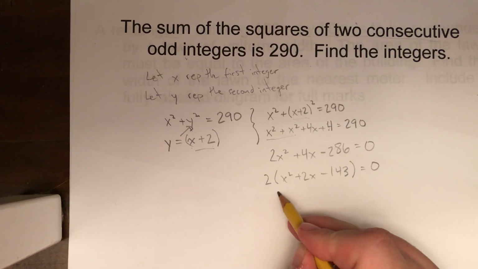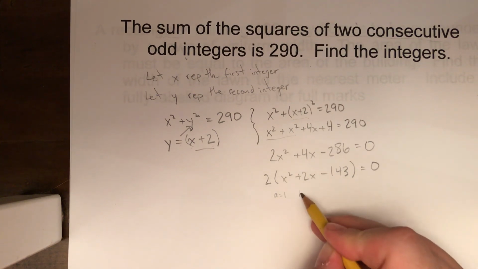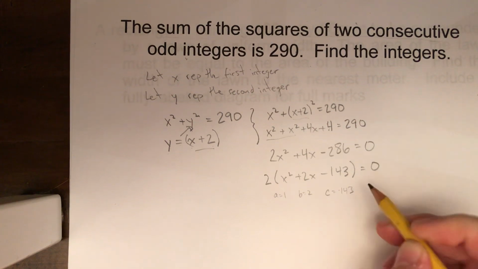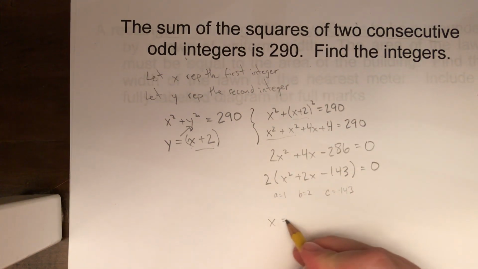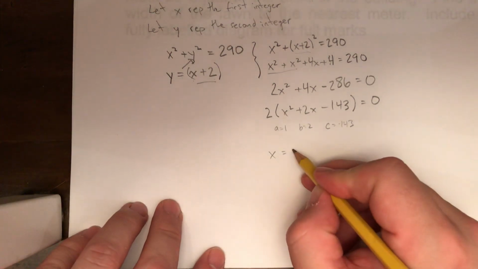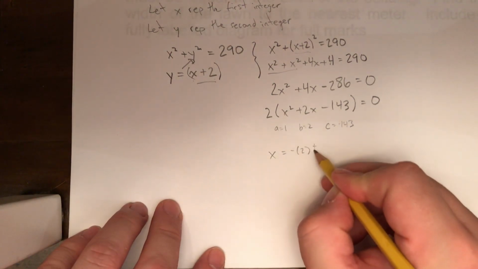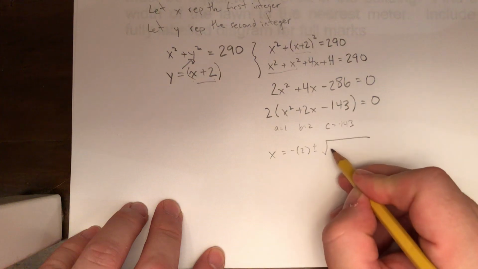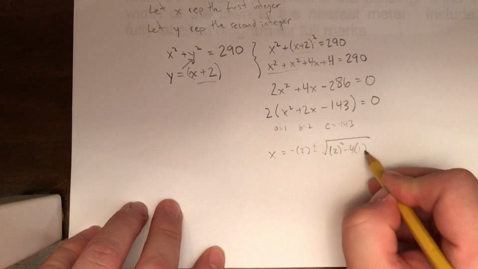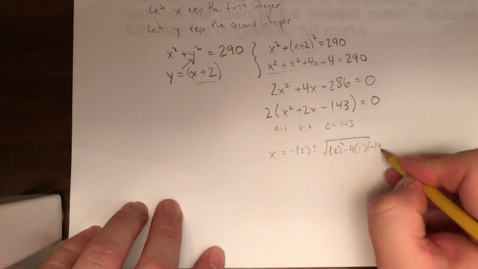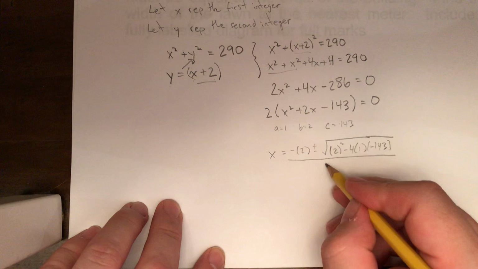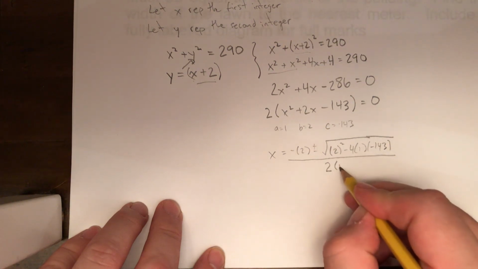So my a value is going to be 1, b value is going to be 2, c value is going to be negative 143. x then is equal to negative 2 plus or minus the square root of 2 squared minus 4 times 1 times negative 143, all over 2 times 1.